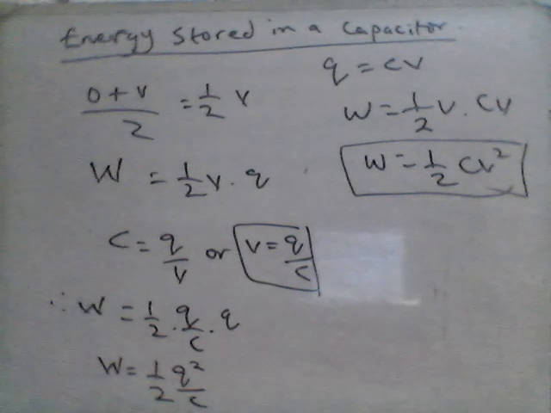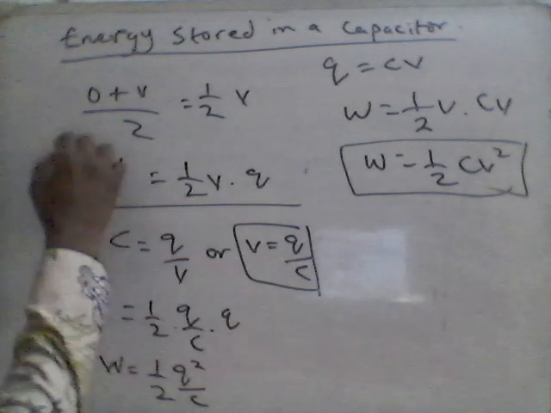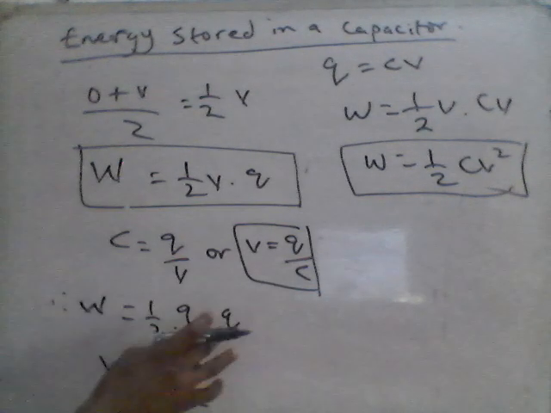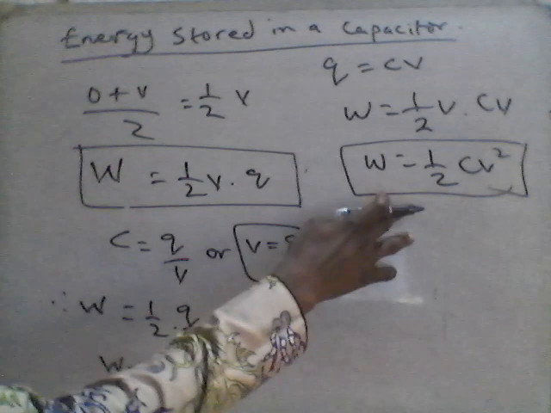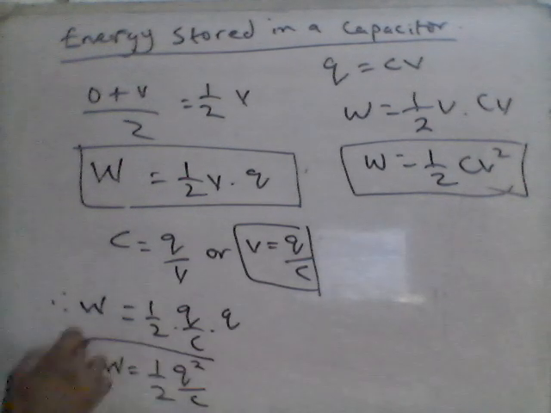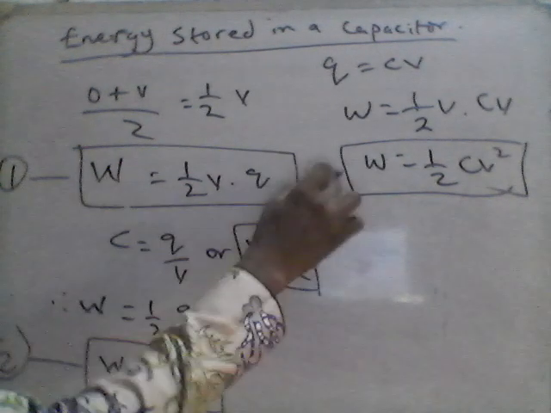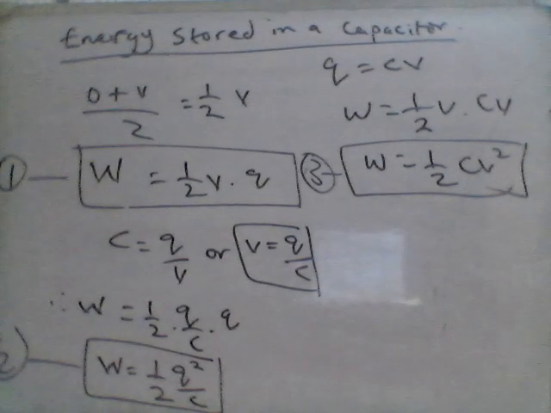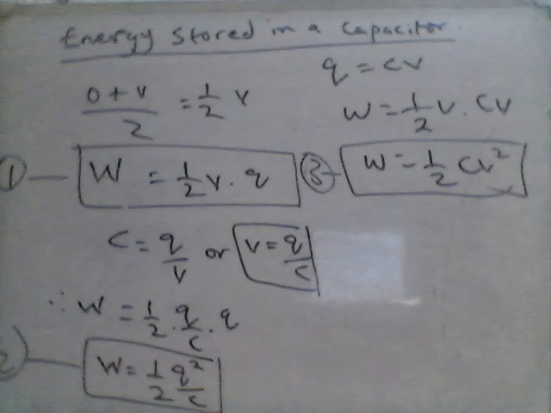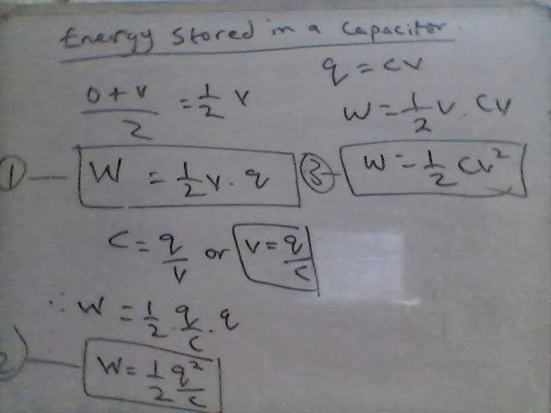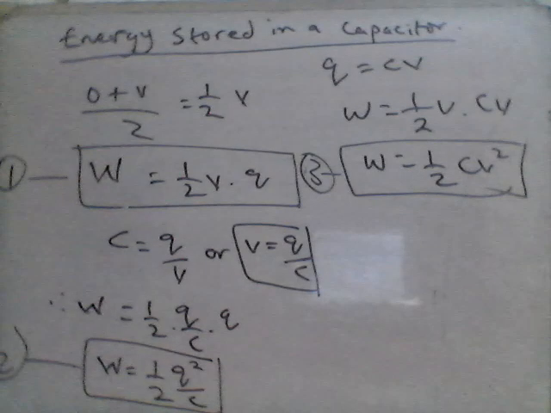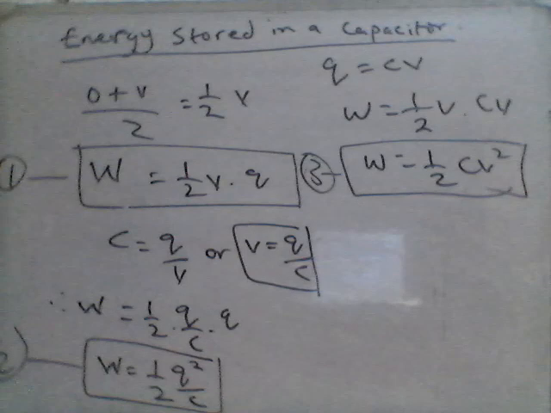It has this one, followed by this one and this one. There are 3 of them. So I can call them 1, 2, and 3. These are the 3 ways we can express work done. And we know that the unit for work, W, is joules. Remember that Q is in coulombs and V is in volts. So the work done in charging the capacitor is the energy stored in that capacitor.